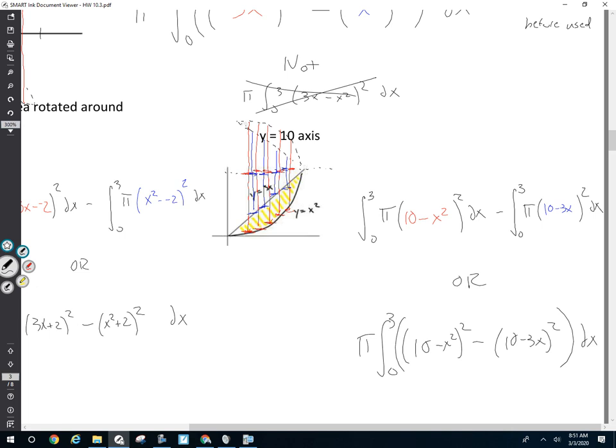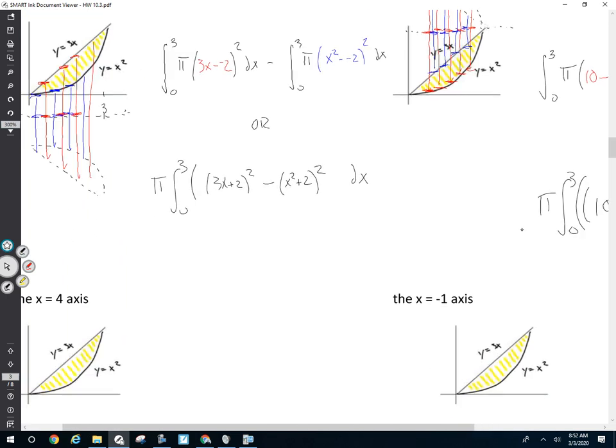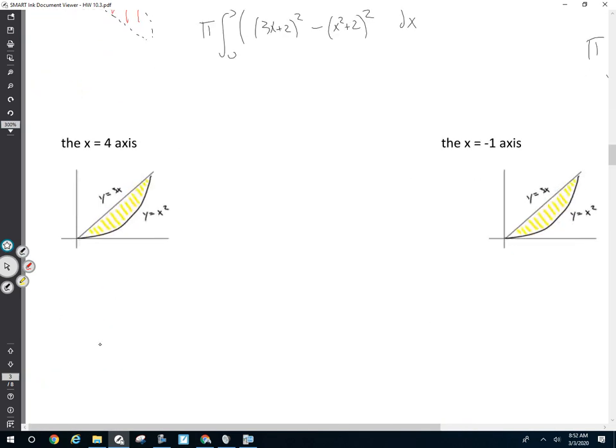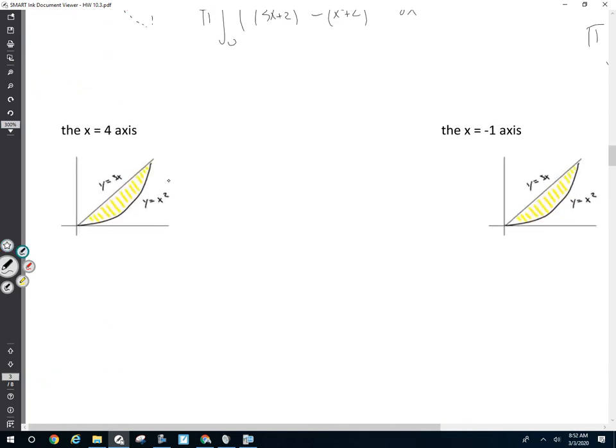But I want you to really understand the correct height, the correct top minus bottom. So keep things in a good order. But you will be getting the same answer if this was x squared minus 10.